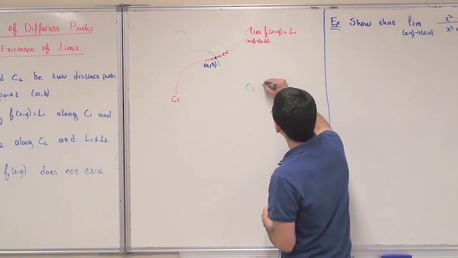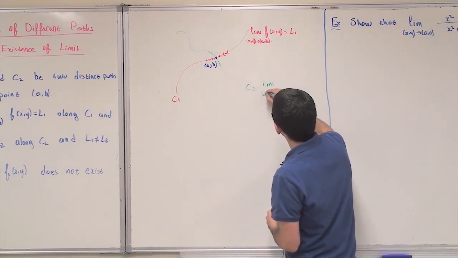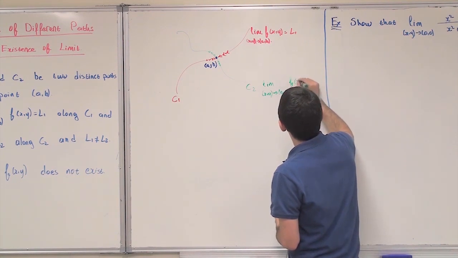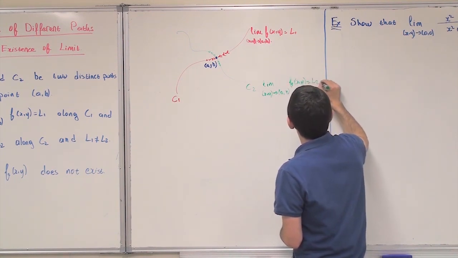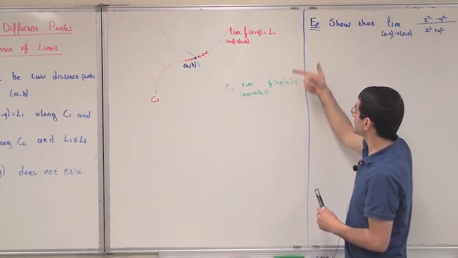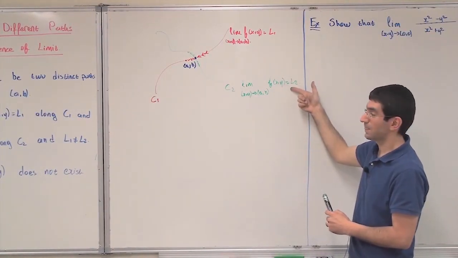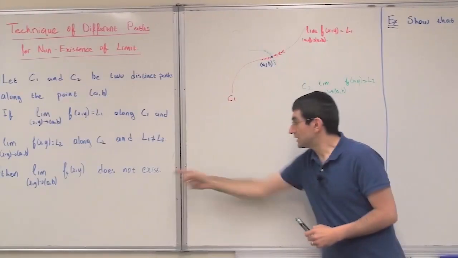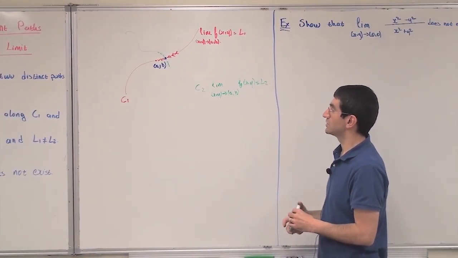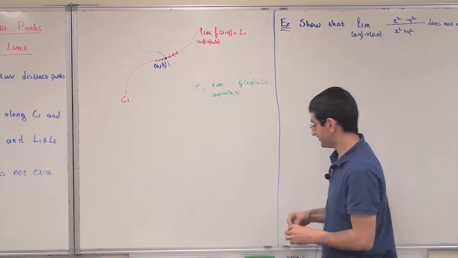And then in that case, the limit is equal to L2. Now, if these two limits are different, then we say that the limit of our function as (x, y) approaches (a, b) does not exist.